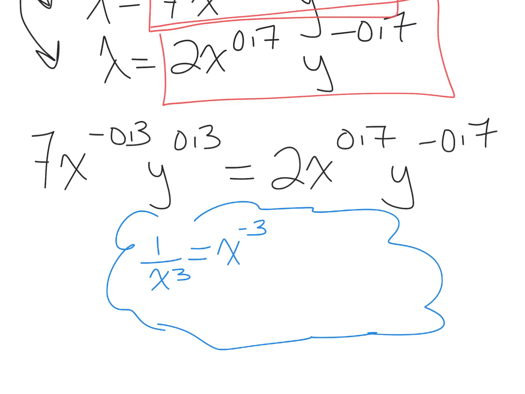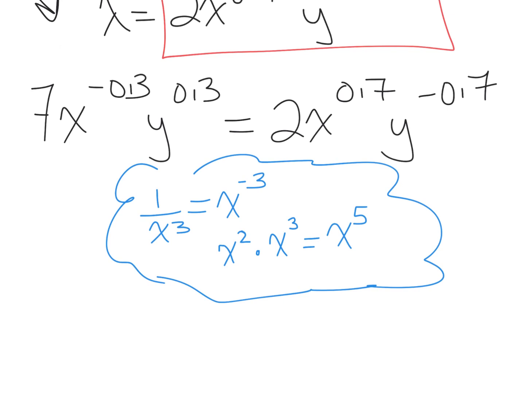Yeah, okay. And do you remember if we are multiplying exponents with the same base, we're able to add the exponents together? So x squared times x cubed is equal to x to the 5th. Do you remember that? Yeah, okay, it's all coming back.